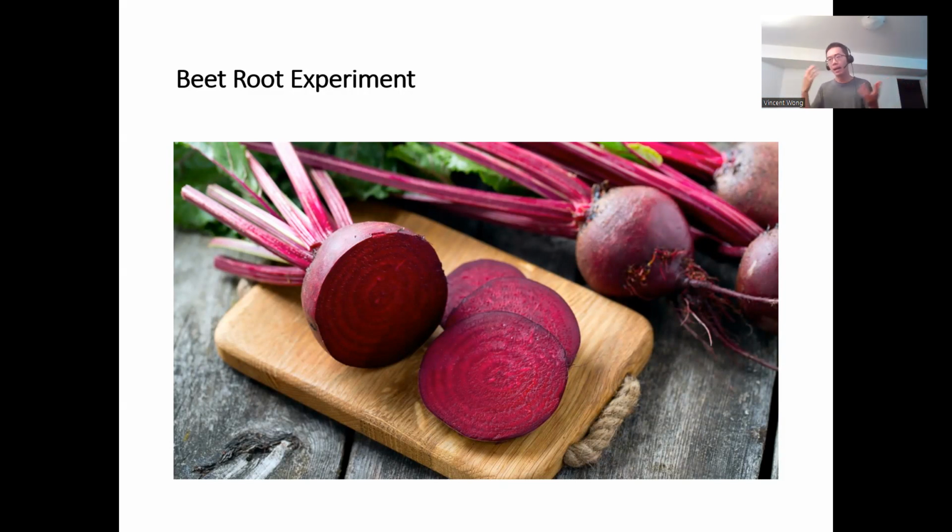So you can imagine what the heat is doing to the beetroot. And afterwards, again, I'm talking about making the soup, if you fish out the beetroot, it would be colorless because all the color actually leaked out, right? So, just thinking about that scenario, you can probably have a pretty good hypothesis on how temperature is going to affect the permeability.